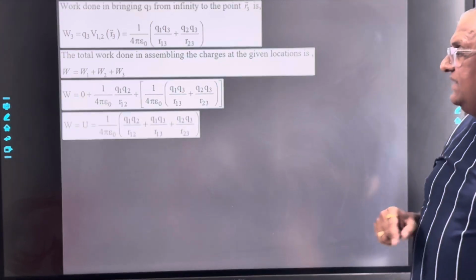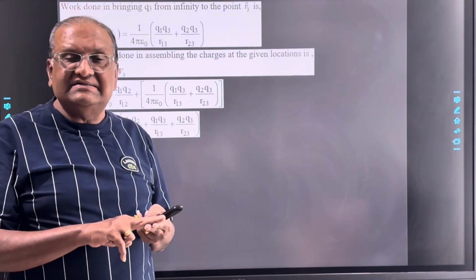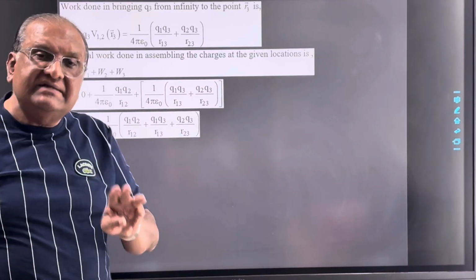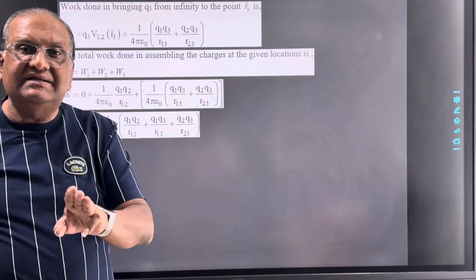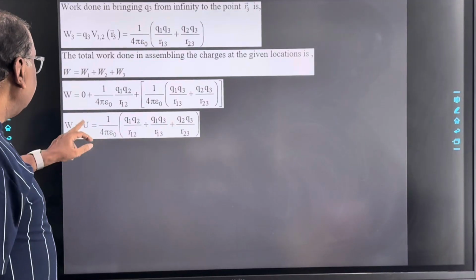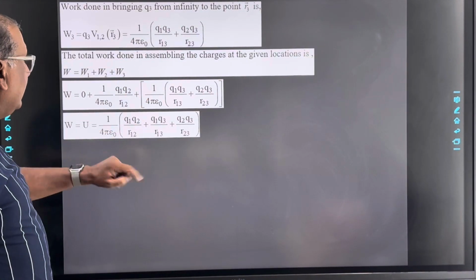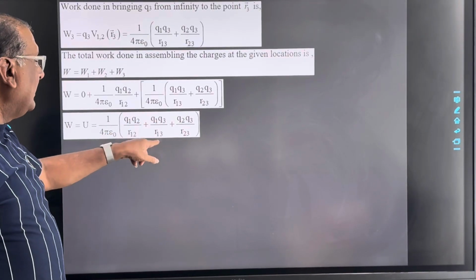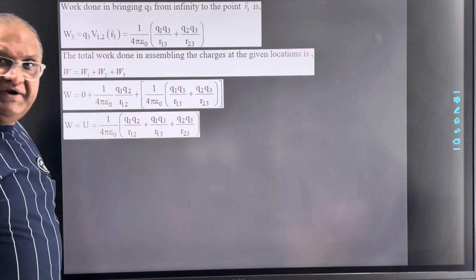So here the resultant work done to assemble the system of three charges is stored in it in the form of potential energy. So we can say now the potential energy of a system of three charges Q1, Q2 and Q3 is U equal to 1 upon 4 pi epsilon 0, taken common here, Q1 Q2 upon R12 plus Q1 Q3 upon R13 plus Q2 Q3 upon R23.